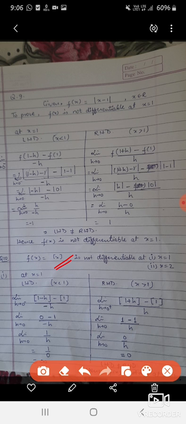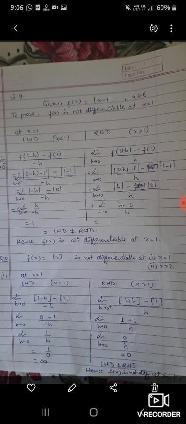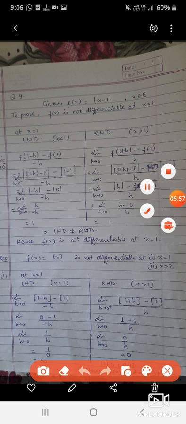The x value will be 1 minus h, and here x value we will put 1 plus h, the same as we did in question number 9. But the value of this is important, how these values of 1 minus h and 1 plus h came.